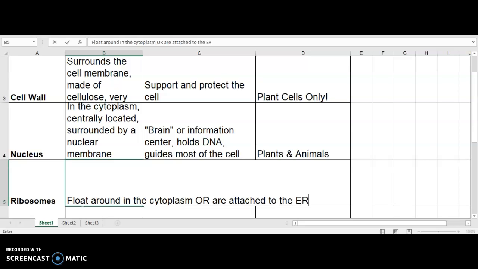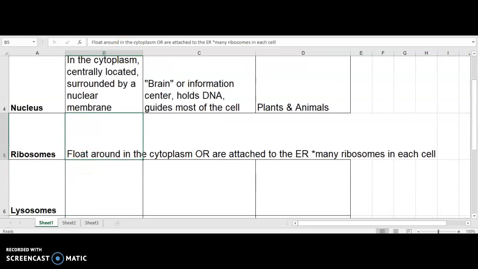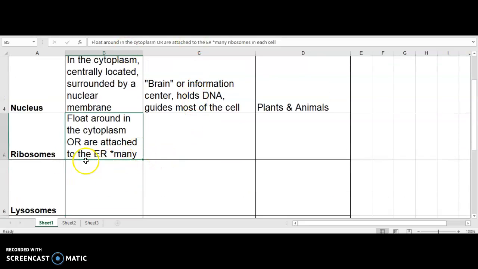And you can also label it that as well, as long as you know that we're talking about the endoplasmic reticulum. This is one where there are many ribosomes in each cell. Let's make this bigger so you can see all of them.